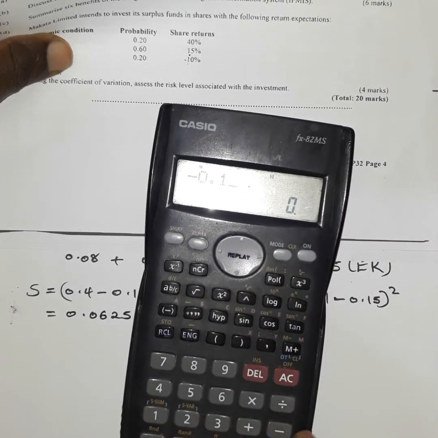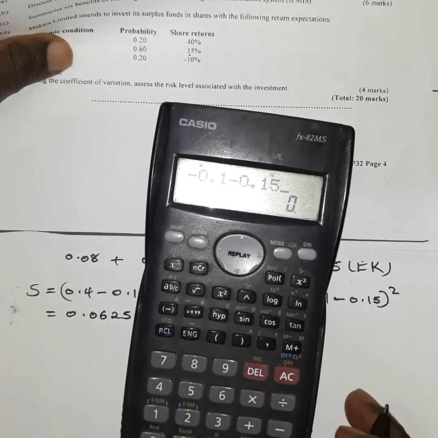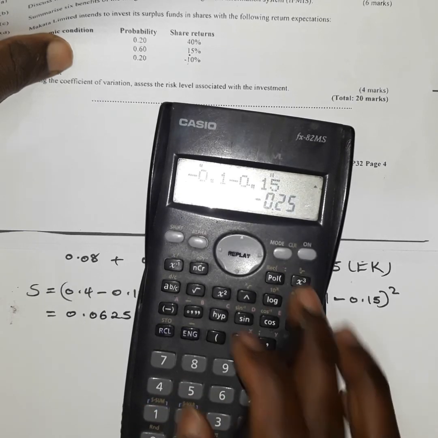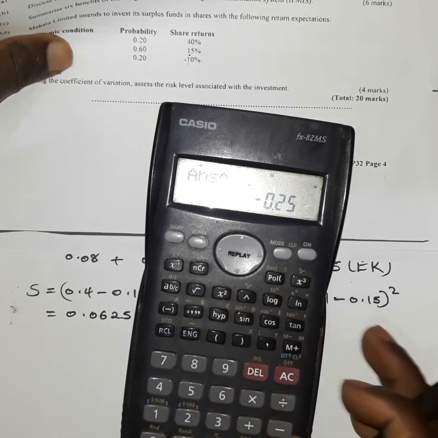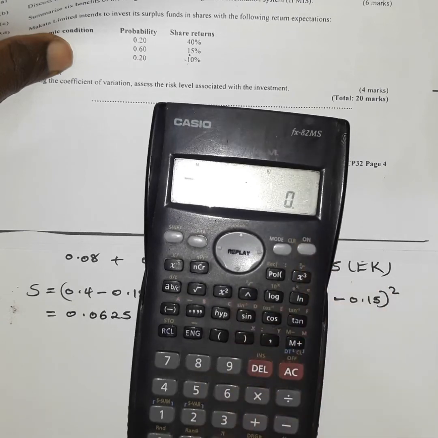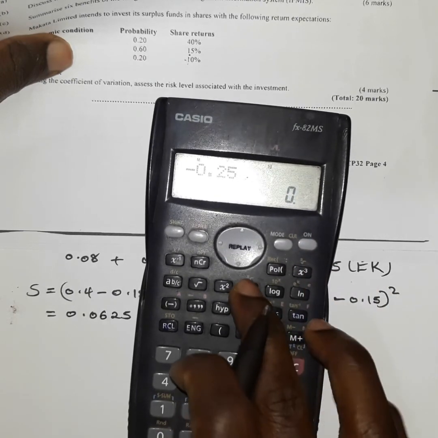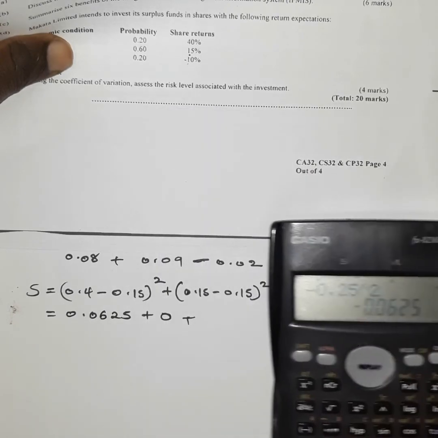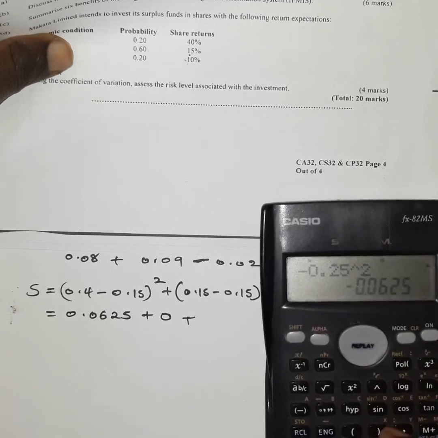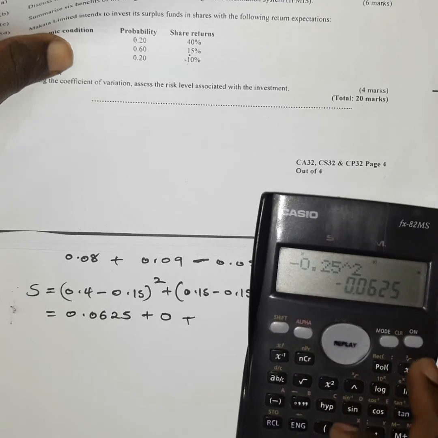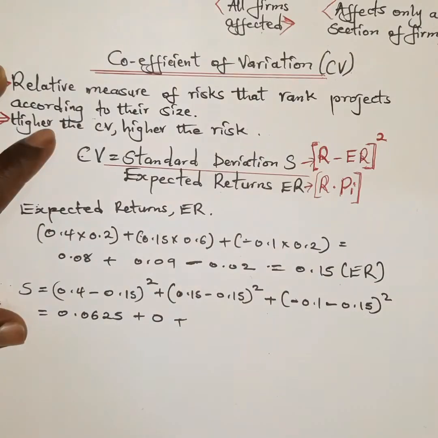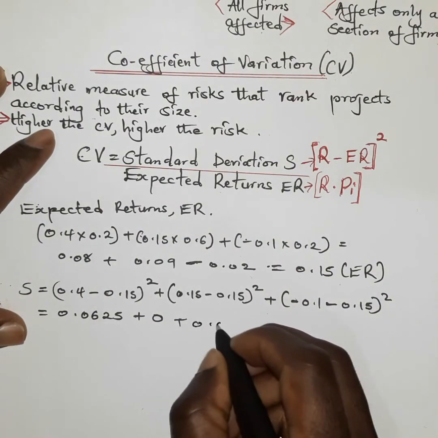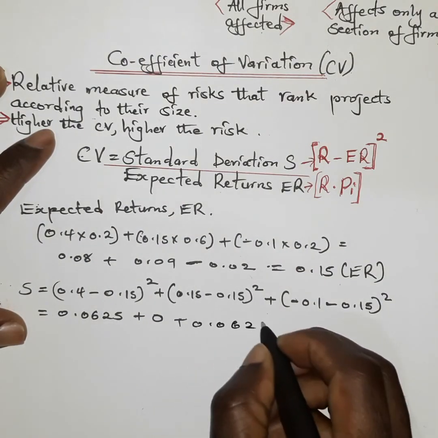negative 0.1 minus 0.15 is negative 0.25. When you square this one, you're supposed to get 0.0625.